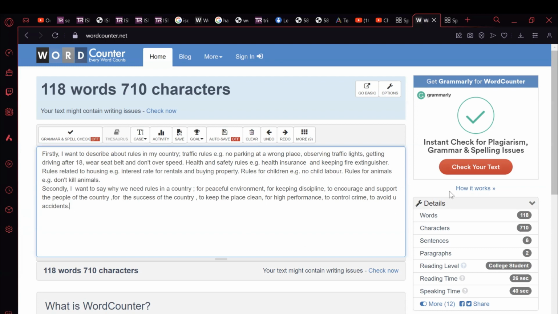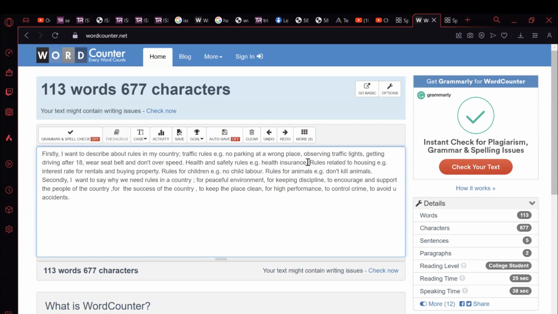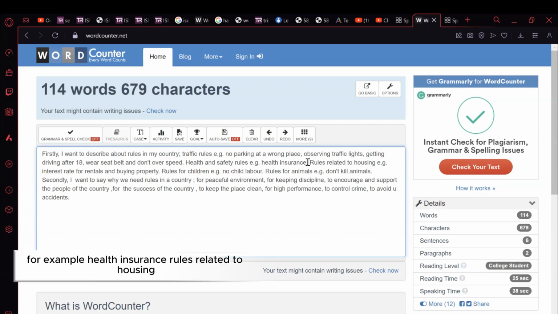Why are you writing this? Cross it. Nobody would be able to see it. Rules related to housing, for example, interest rate for rentals and buying property. Rules for children, for example, no child labor. Rules for animals, for example, don't kill animals.